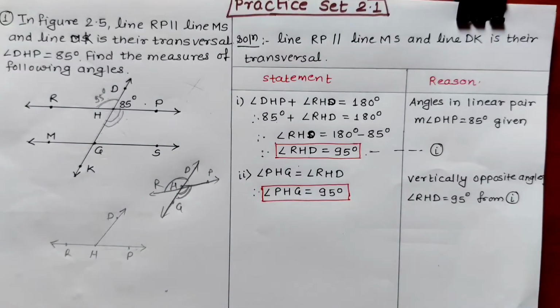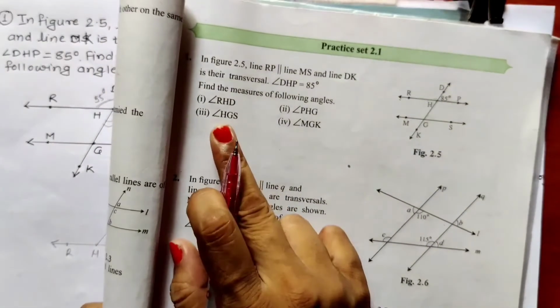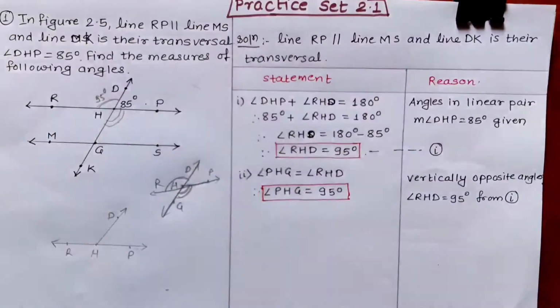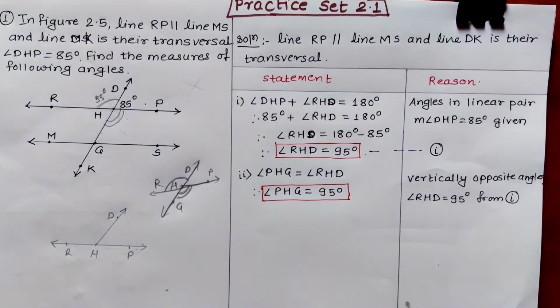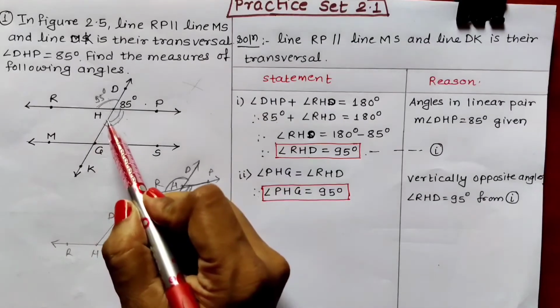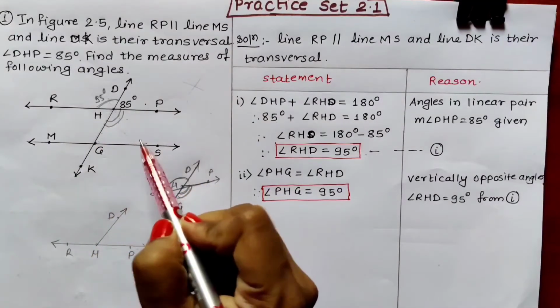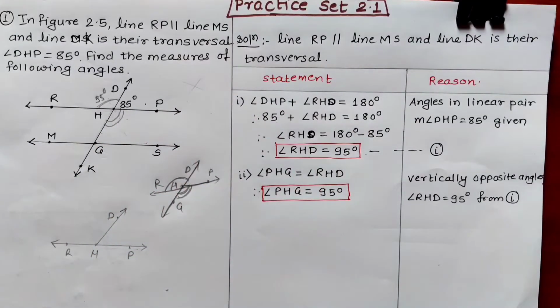Now third, the measure of angle we will have to find out is HGS. So let us find out HGS. Where is HGS? Here we can see this angle HGS. So from this diagram, what can you say about HGS? Let me rub these two rough diagrams first.